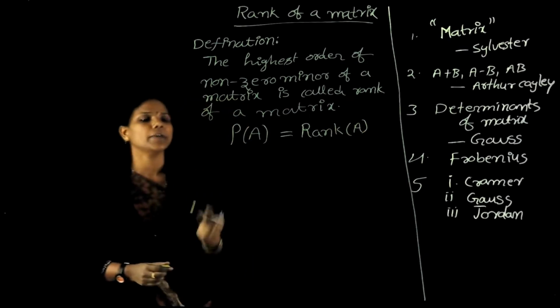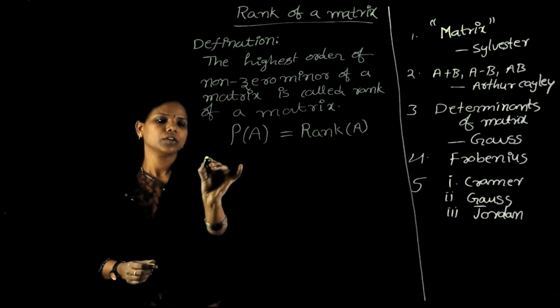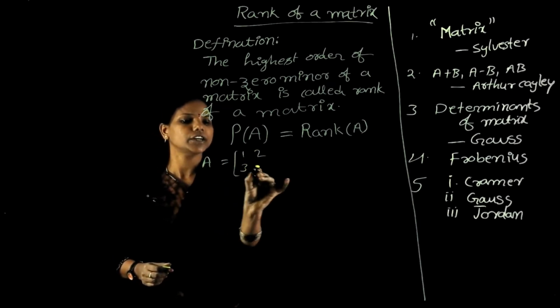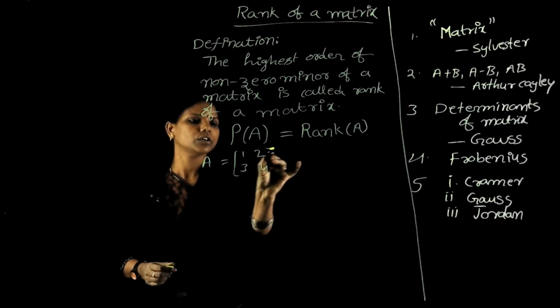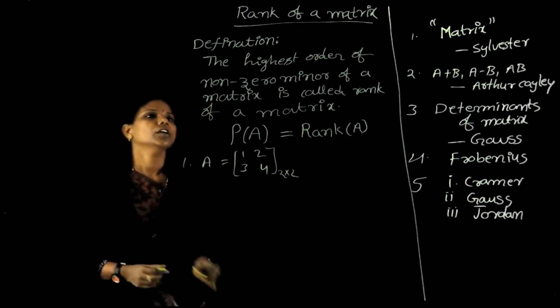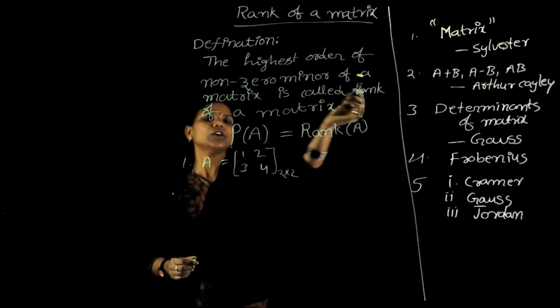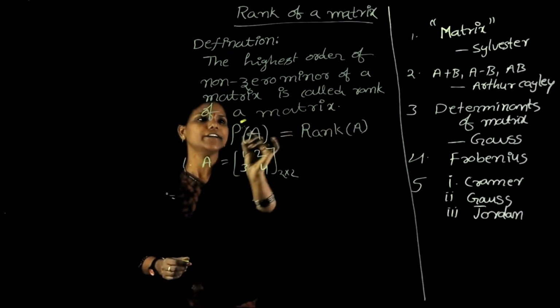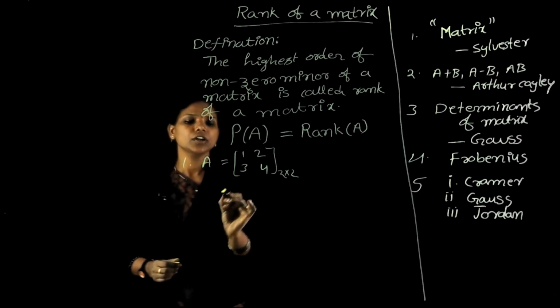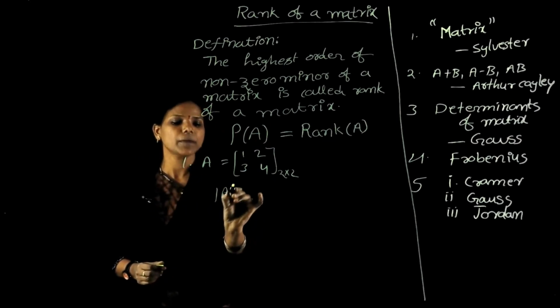Okay, let me explain some examples. I will take A as a 2 by 2 matrix, that is 1, 2, 3, 4. Order is 2 by 2. Now what does it mean here? The highest order of non-zero minor of a matrix is called rank. Minor is nothing but determinant of a matrix. Now find determinant of this matrix.